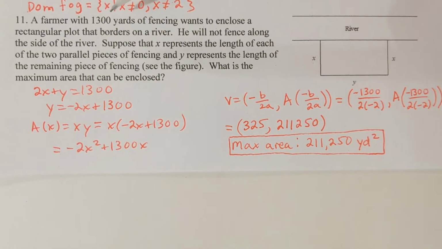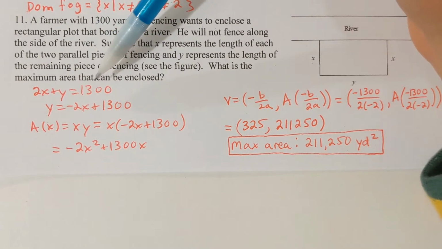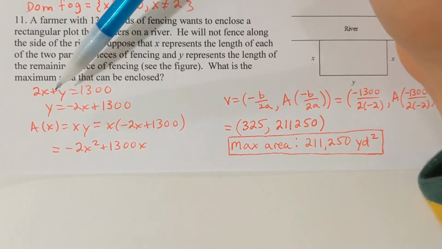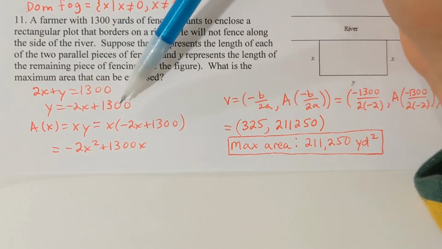Well, the farmer only has 1,300 yards of fencing to work with. Okay, so 2x plus y would give you how much fencing he has to work with, which is 1,300. If you subtract 2x from both sides, then y would be equal to negative 2x plus 1,300.